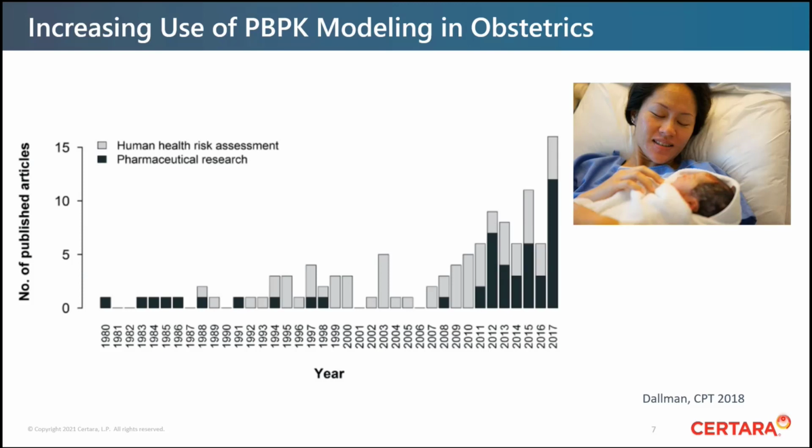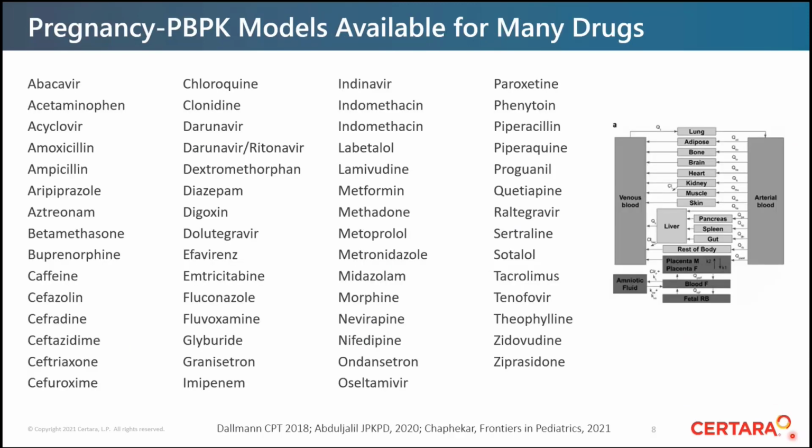And you can see that PBPK modeling in obstetrics is not a new use for PBPK. It's been done since the early 1980s, but the number of articles has drastically increased in the last decade. In fact, there are now PBPK models in pregnancy for a number of drugs, and here's a list of the medications that have been published, or a partial list at least.